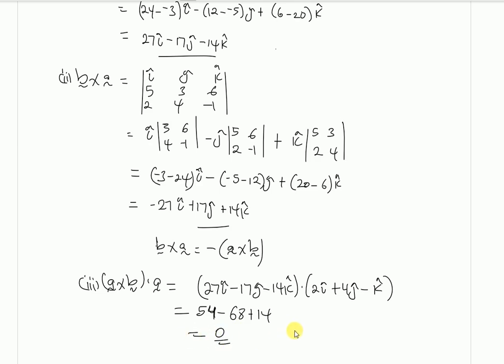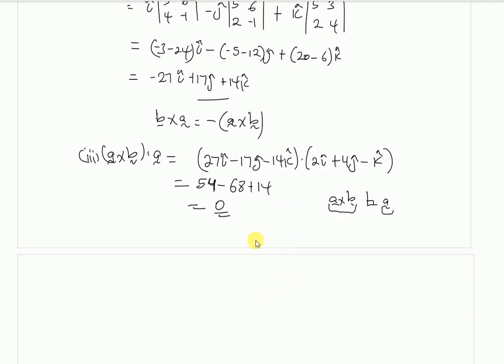and that one is illustrating the fact that A cross B is perpendicular to what? To A. So you have this vector which is A cross B. When you dot it with this one, you are getting a 0. And remember, we say that when the dot product of two vectors is 0, it means that the vectors are perpendicular to one another.